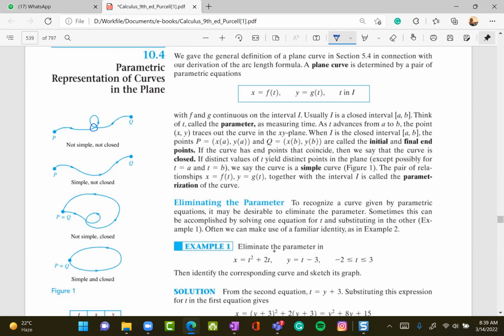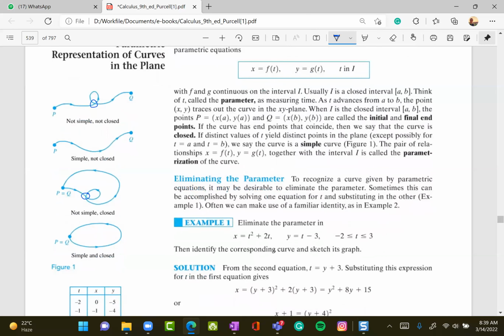This one is not closed because the endpoints and the initial points are not the same, but this is simple, no self-intersection. Here we have a closed one, but you have self-intersections, so this is not simple. This one is simple and closed.